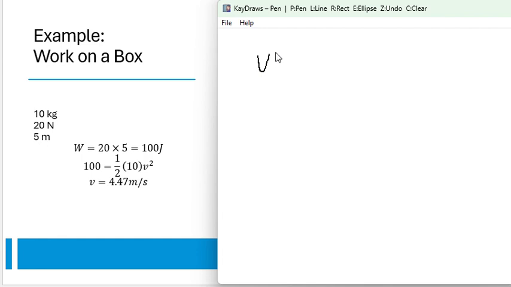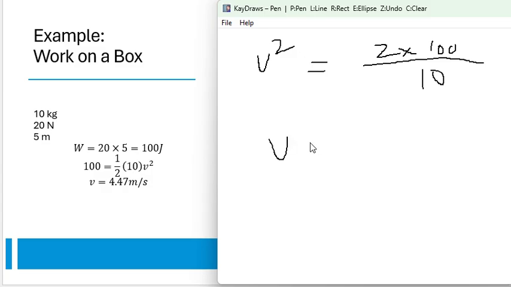First we put the velocity squared on this side, 2 times 100. We're doing our algebra right here. First we move this to that side, and then we move that to this side. And then if you want v, all you have to do is square root the whole thing.